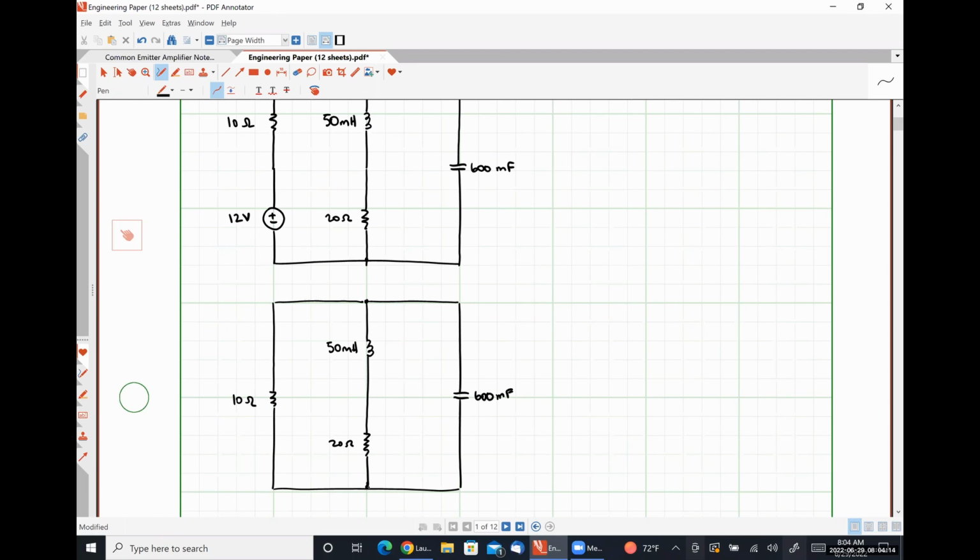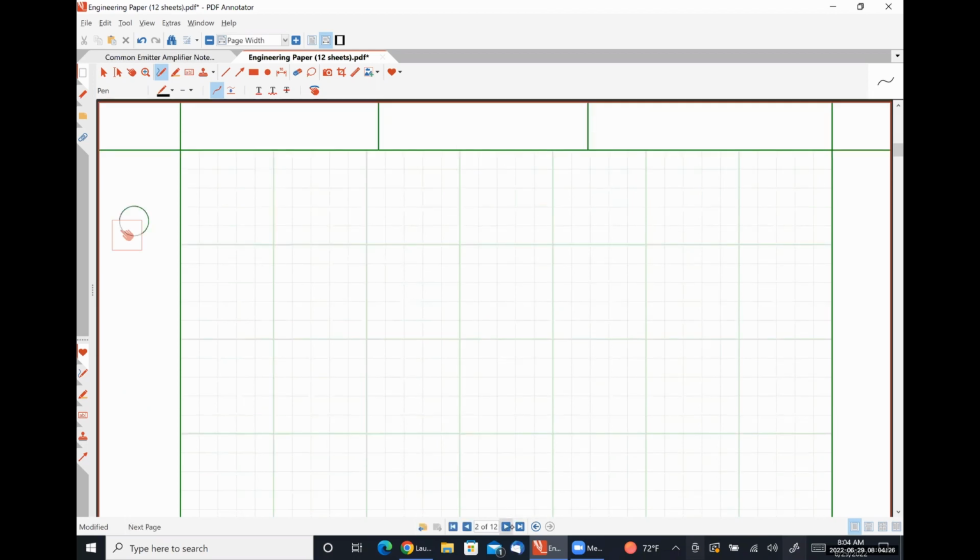And we are going to use our prior experience of solving series RLC circuits and parallel RLC circuits to figure out what to do. So as a very brief review, recall that for a parallel RLC circuit, let me draw a simple example of one here.